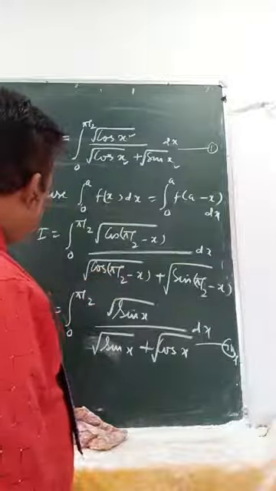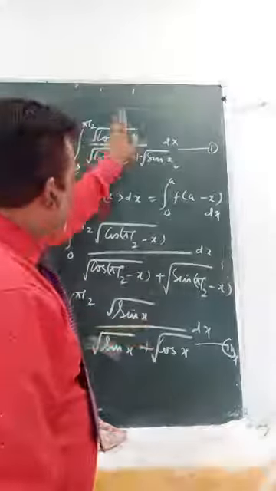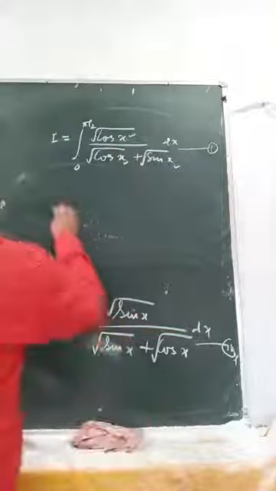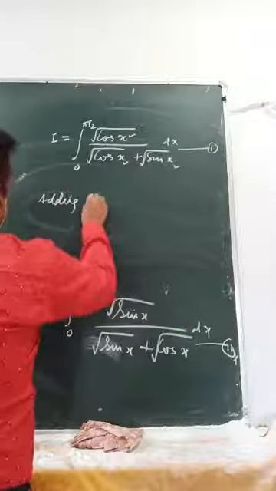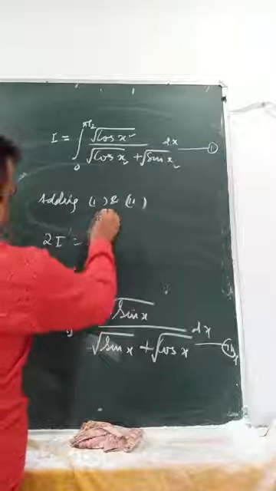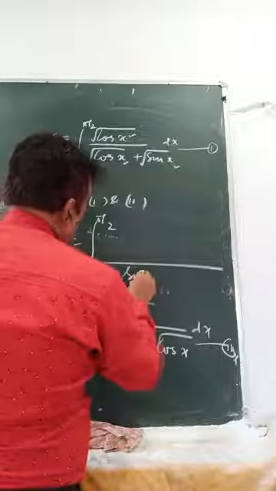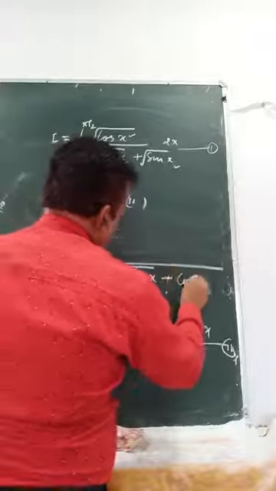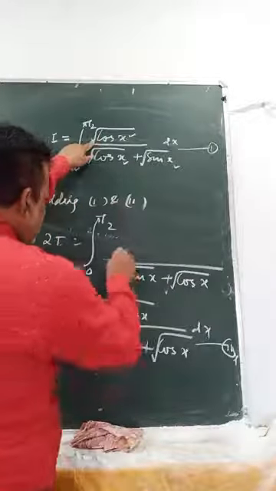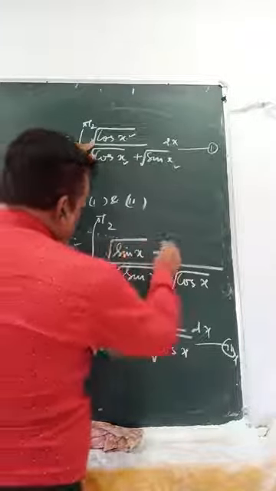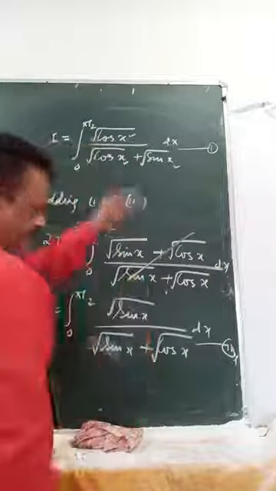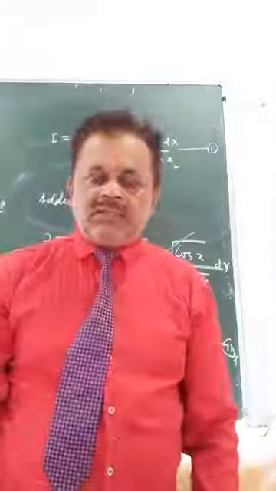So when adding 1 and 2, that will be 2I; the denominator is the same, so add the numerators. The numerator is root sin x plus root cos x, which cancels with the denominator. It's simple if you use the formula.